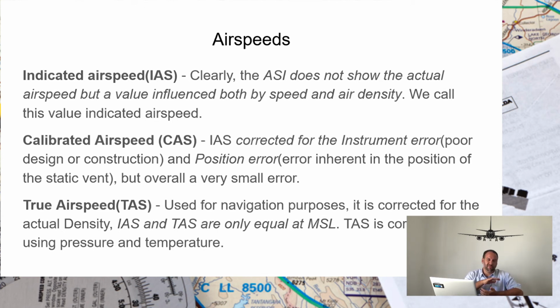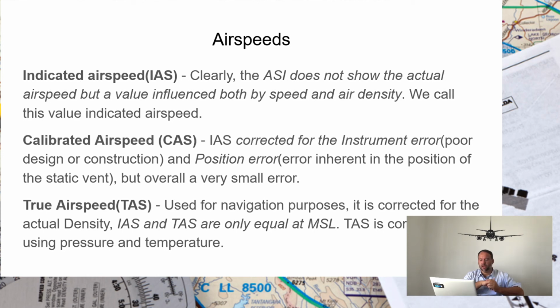Calibrated airspeed, not very popular, but let's go. Indicated airspeed corrected for instrument error, poor design or construction, and position error, error inherent in the position of the static vent. But overall, a very small error, so the calibrated is not very used.